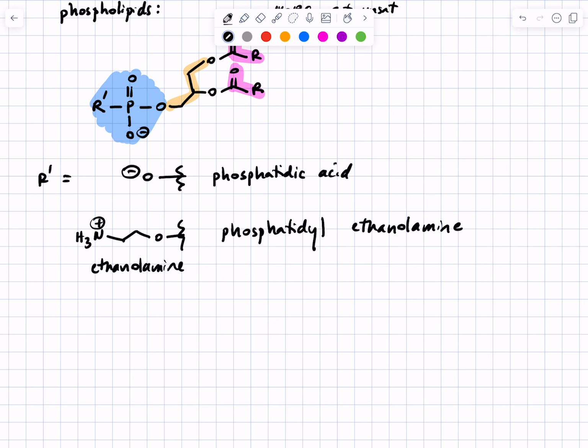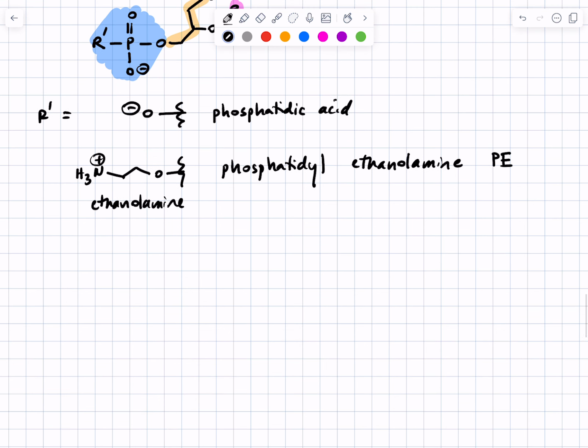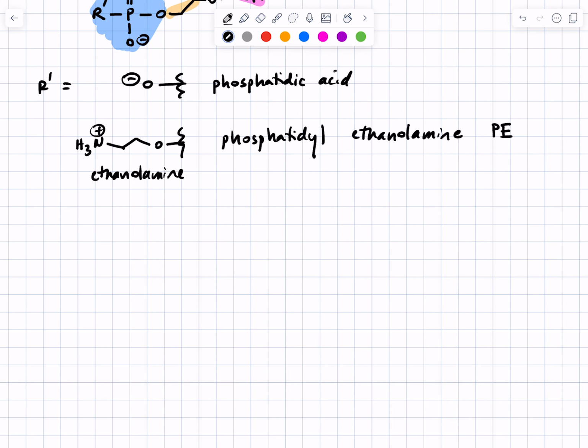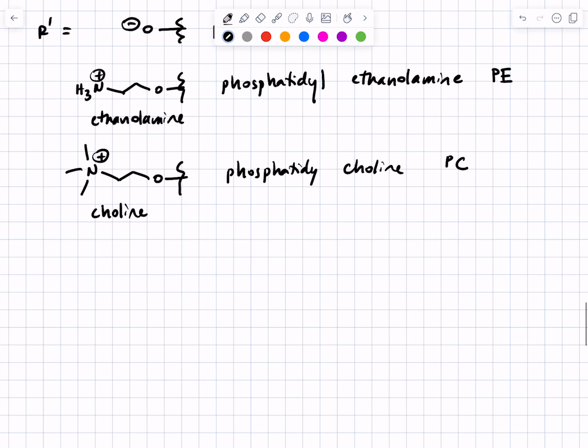People that talk about lipids a lot abbreviate these, so PE is phosphatidyl ethanolamine. If you take the same sort of ethanolamine structure, but you modify the nitrogen with methyl groups, it's positively charged. That two-carbon amine is called choline, so that's called phosphatidylcholine, or PC.